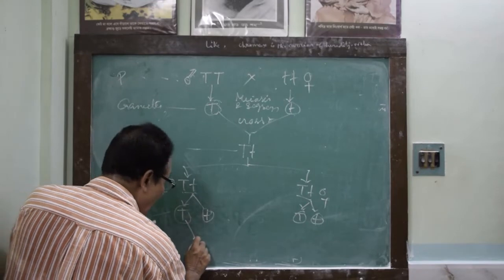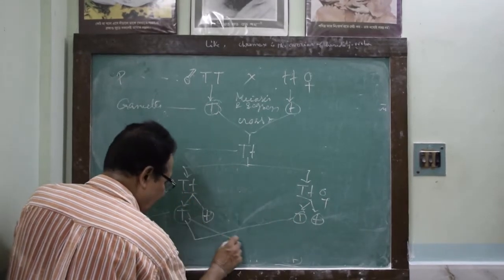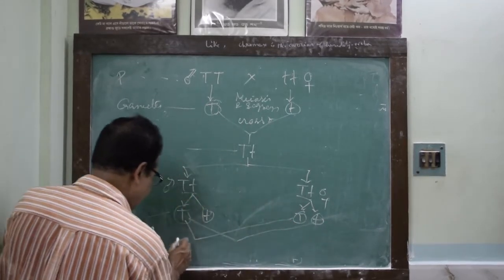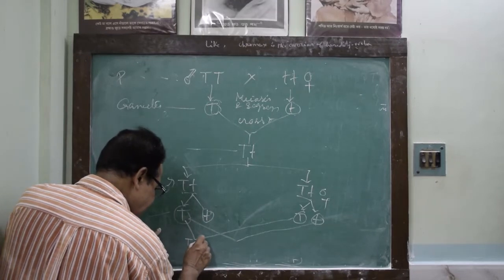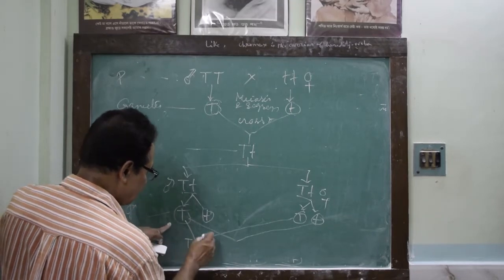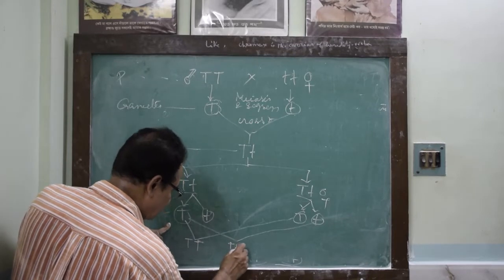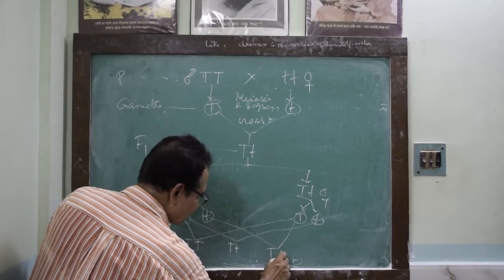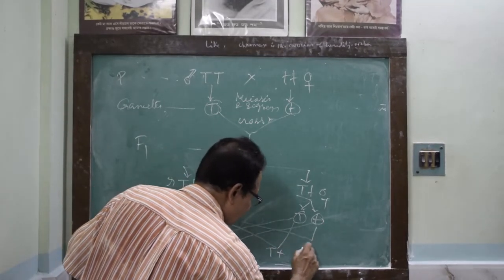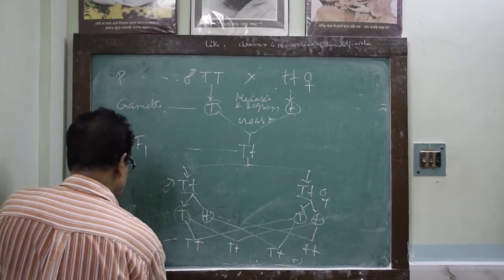And any one type of male gamete can fertilize any other type of female gamete. If capital T fertilizes capital T, then capital T, capital T. In this way, capital T, small t, capital T, small t, small t, small t. F2.